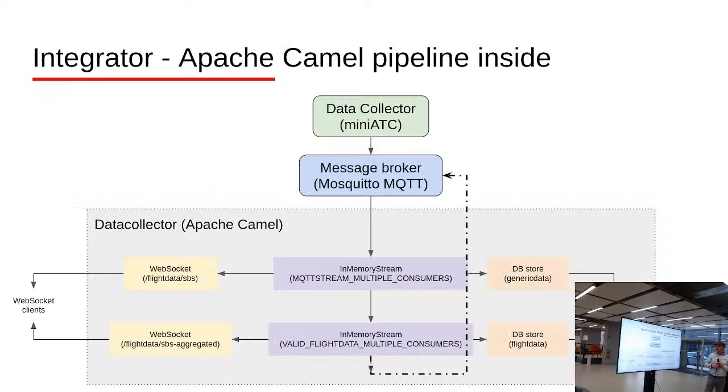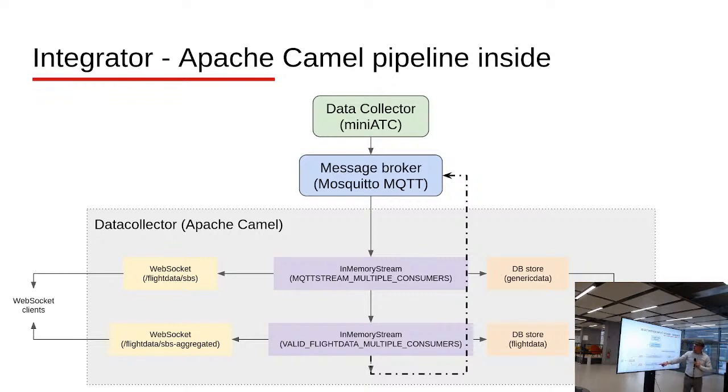That's a graph of how Apache Camel works inside. From the data collector, the device scanning in the air, the data is sent to the message broker with the node script. The message broker Mosquitto has these topics. It gets the data, holds it, and shares it with Apache Camel. Apache Camel takes it. There are in-memory streams, and you can divide here. This in-memory stream divides the raw data to WebSocket and stores it as generic data.